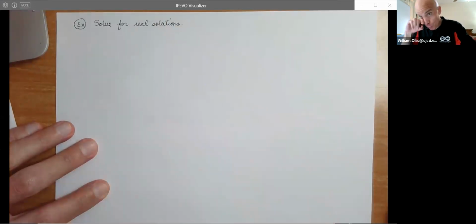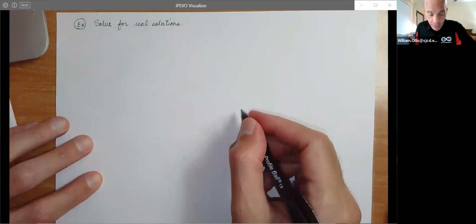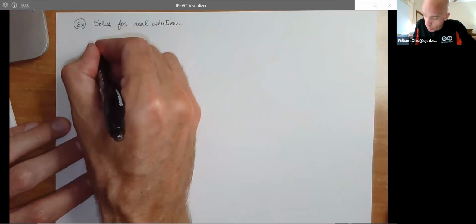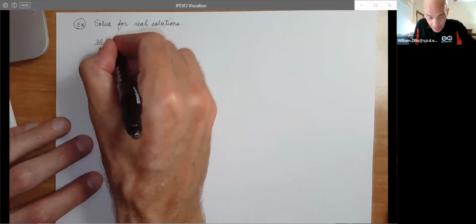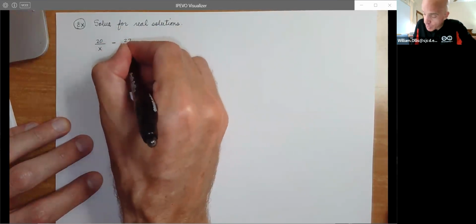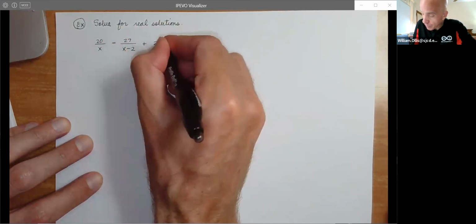That is, if we have a quadratic, the discriminant would be either 0 or positive. So we have the following equation: 24 over x minus 27 divided by x minus 2 plus 2 equals 0.